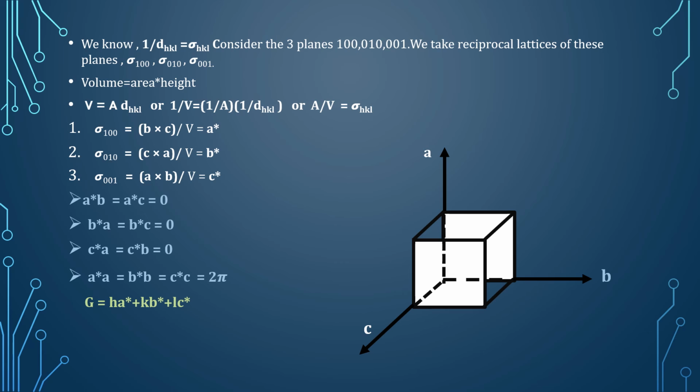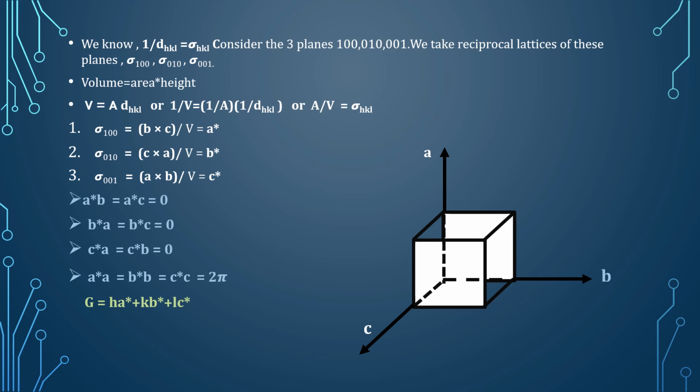Volume is equal to area into height, where the height is the distance between the set of planes, that is d_HKL, the interplanar distance. So V equals A into d_HKL, or taking the reciprocal, 1 by V equals 1 by A into 1 by d_HKL, or A by V equals sigma_HKL. So sigma_100 equals B cross C divided by V, where B cross C is the area and V is the volume.